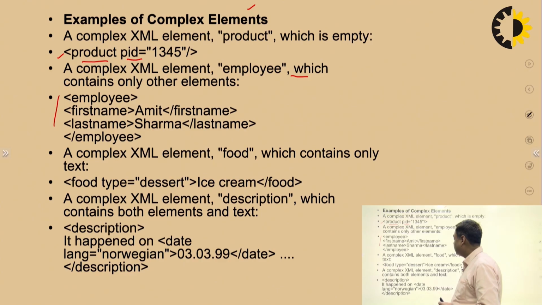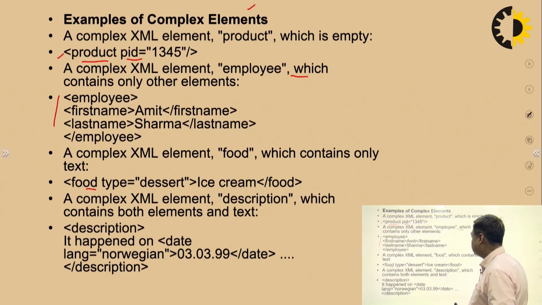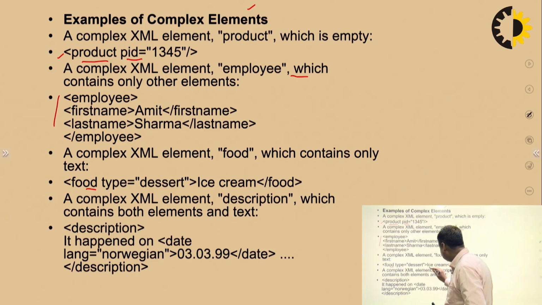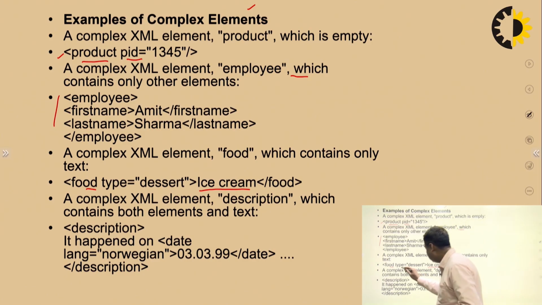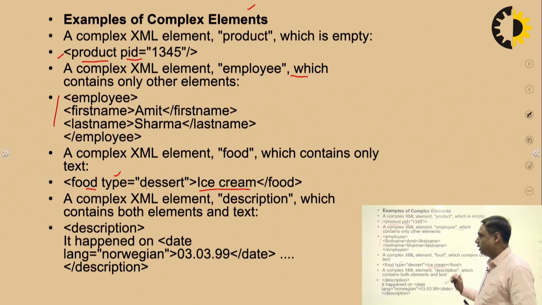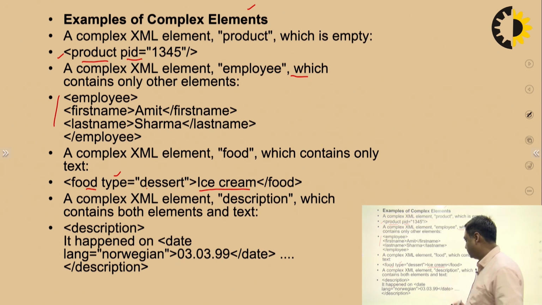Now, some other part: food is a complex element which contains only text. It contains only text, but we call it a complex element because it has one attribute. Any element that has an attribute, we call that element a complex element.